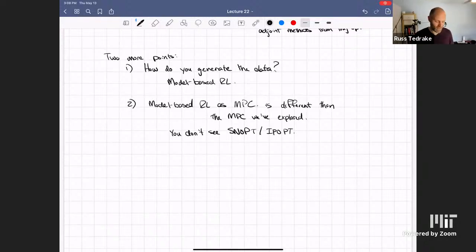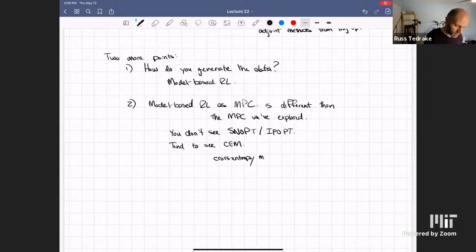They use SNOPT, they use IPOPT. But with neural network things, you tend to see CEM, cross entropy method, or MPPI. They're very similar; people have written papers about how they're similar.